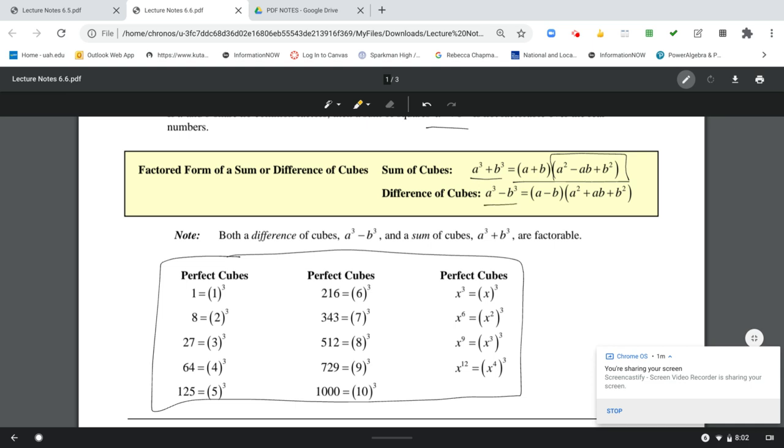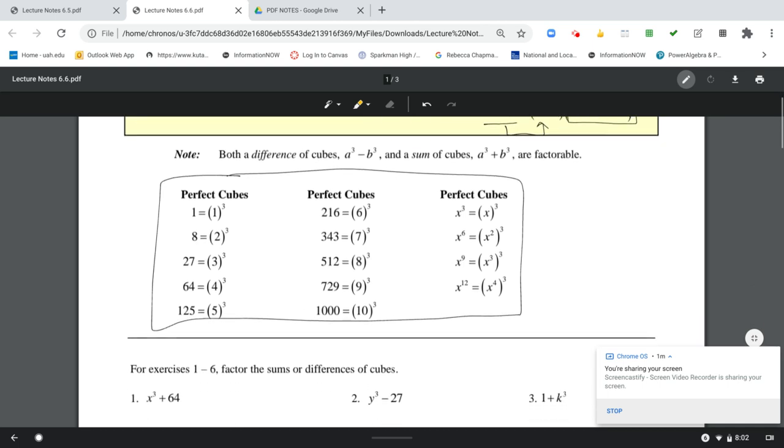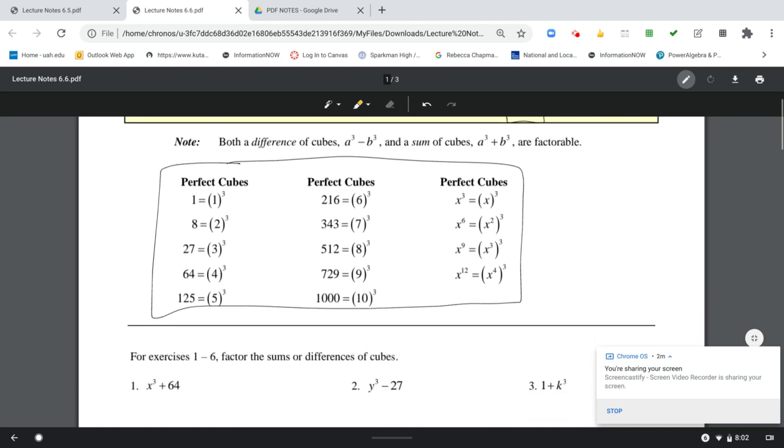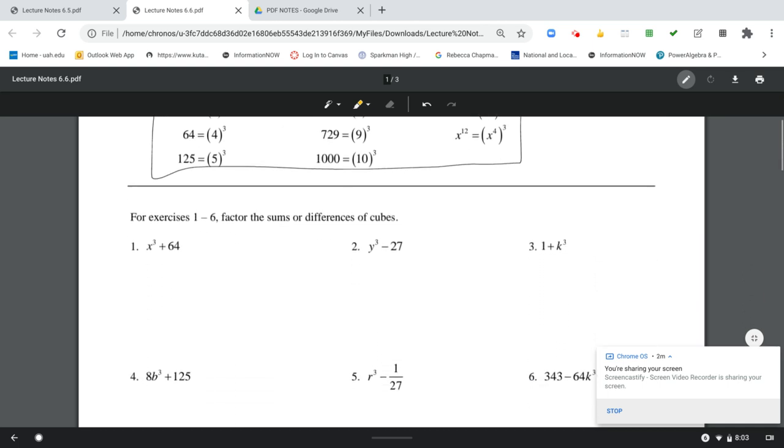When we factor a difference of cubes, notice that my binomial factor is a minus b this time, and I have the same trinomial a squared plus ab plus b squared. Now this is a set formula, and we are going to just substitute and work out the problem from there. So I'm going to jump right on in. Keep in mind these numbers in the box. You need to be familiar with those.